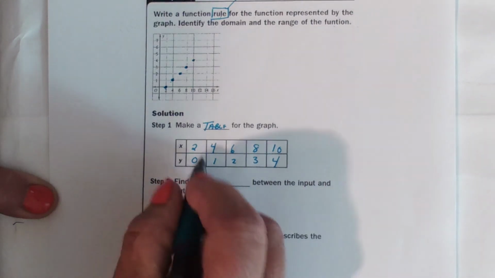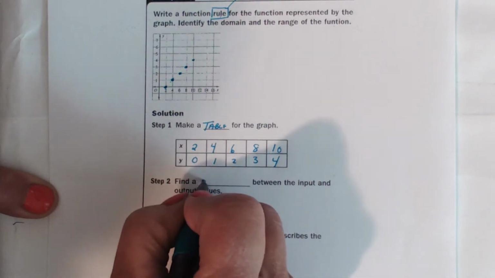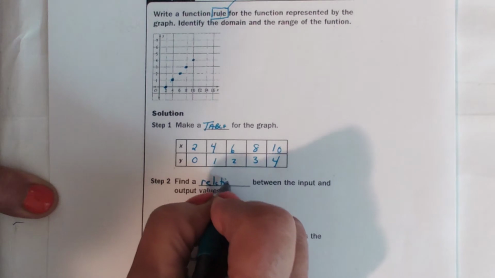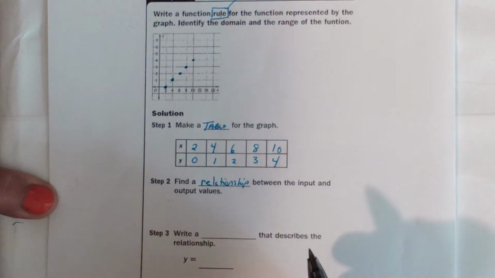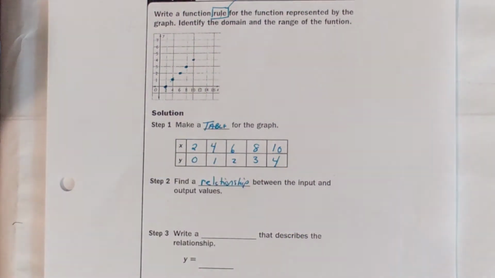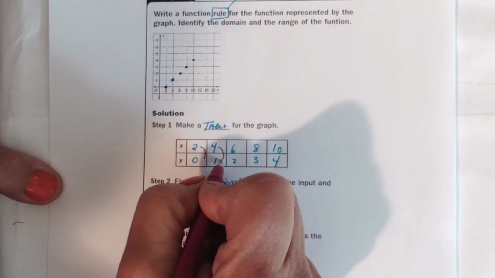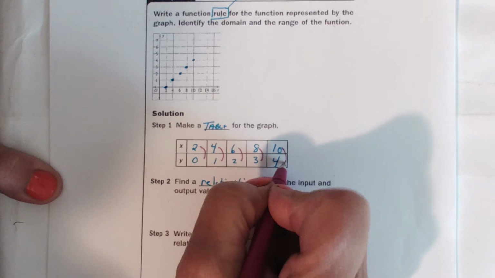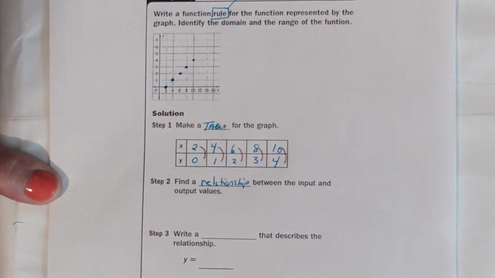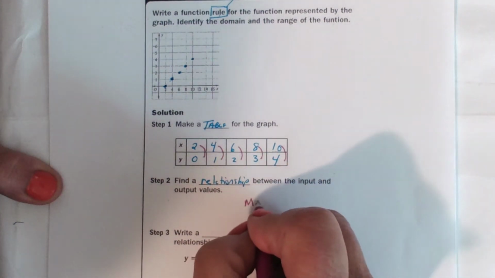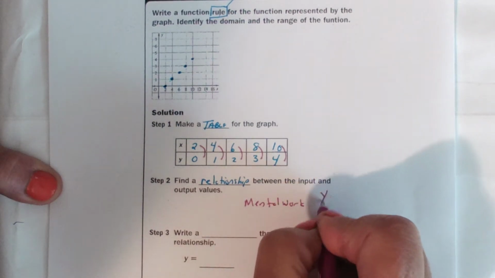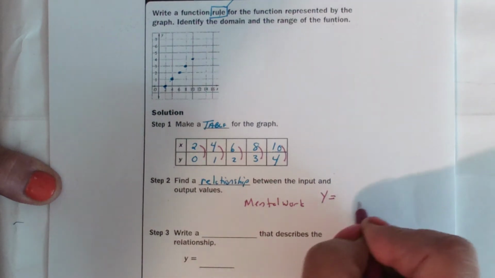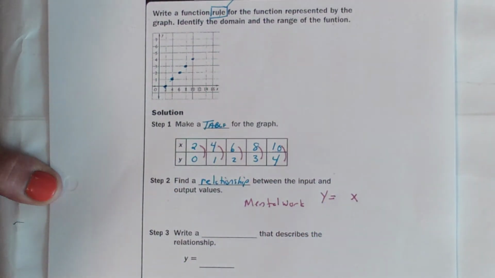So step 2, I've got these. I want to find a relationship between the input and the output. So I'm going to do that in a different color. What is the relationship here? And so the mental work, we know we have to have y equals, and x is going to be on the right-hand side.